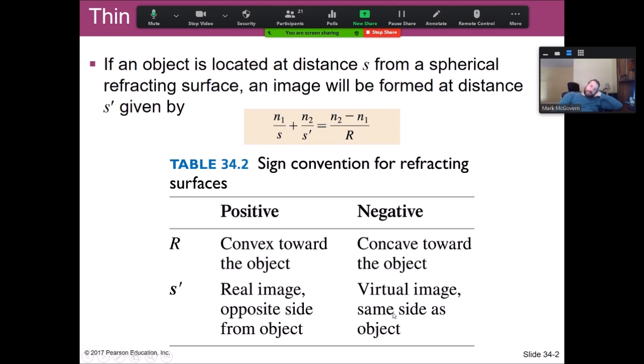It will appear as if the light comes from that area, but it doesn't actually come from there. So this is the equation that we're going to be working with when it comes to refractive surfaces. It's very important to keep all these conventions in mind. It's very easy to forget them or to mix them up.